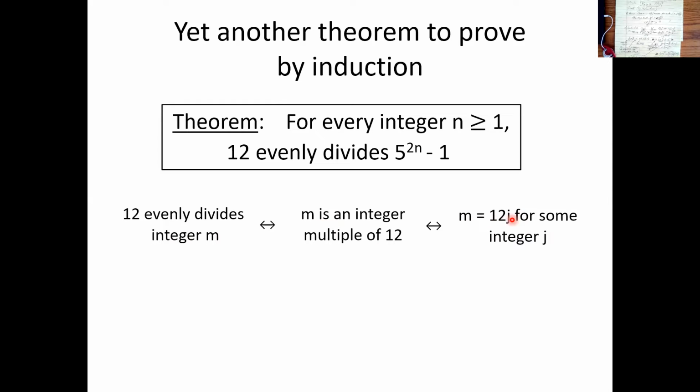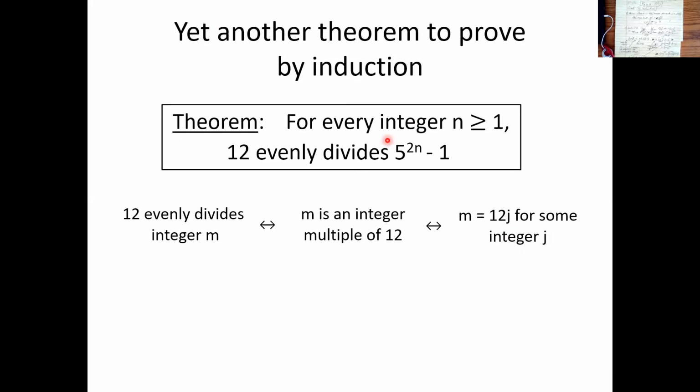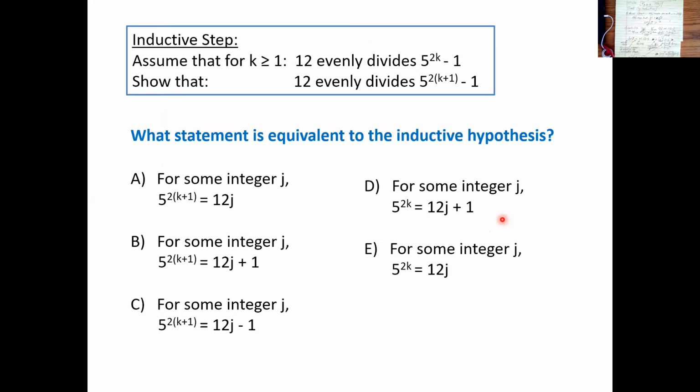These statements are all the same statement, really. So when you look at it in this light, the statement really becomes this predicate: for any integer n, if I take 5 to the power 2n and subtract 1, then this thing is a product of 12 and some other integer.